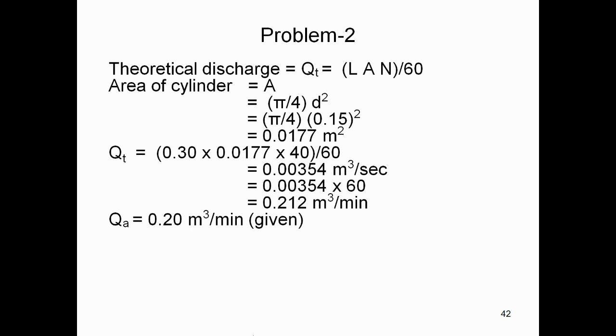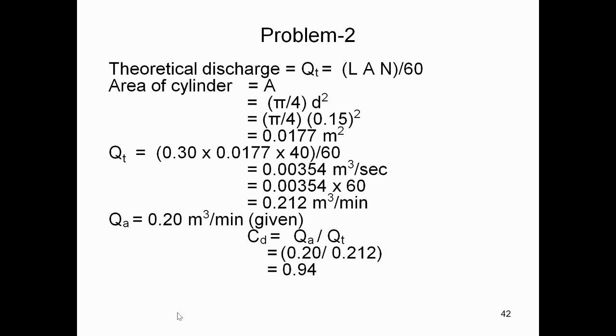QA is given as 0.20 meter cube per minute. From this we can get the coefficient of discharge CD. CD formula is QA by QT. We know QA is given as 0.20 and QT we have already found, that is 0.212.